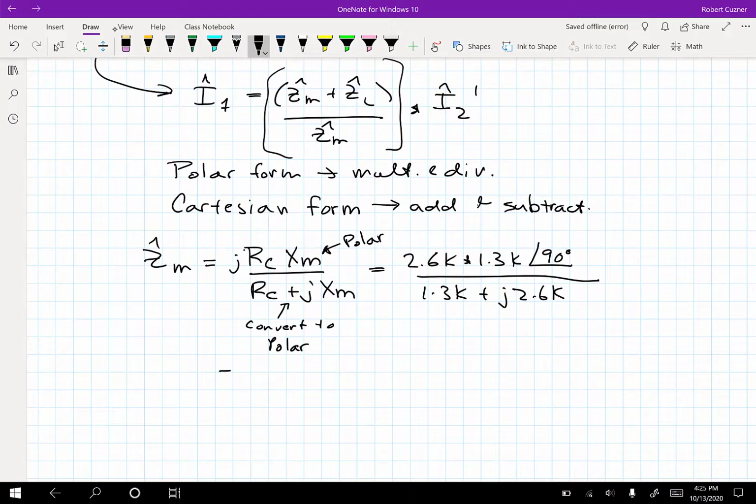And I need to convert this to polar. So I've got to square these, and I've got to take the inverse tangent of 2.6 over 1.3.